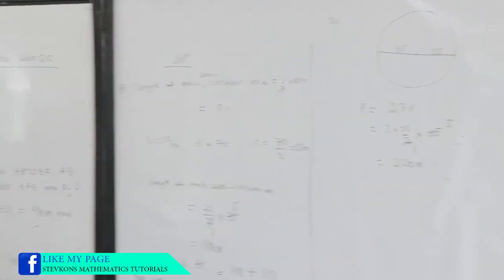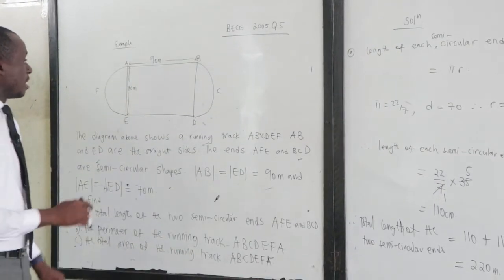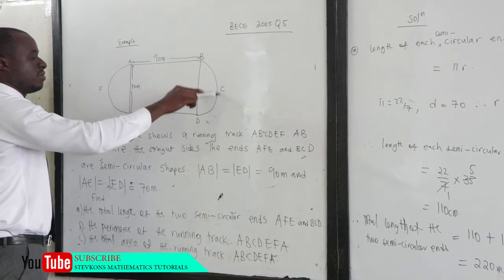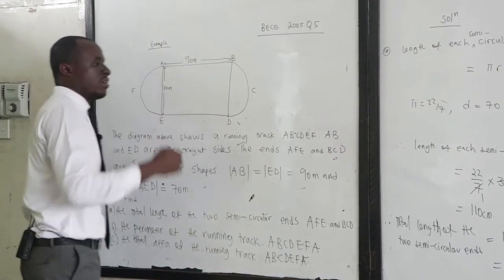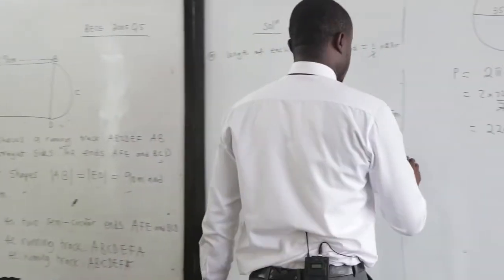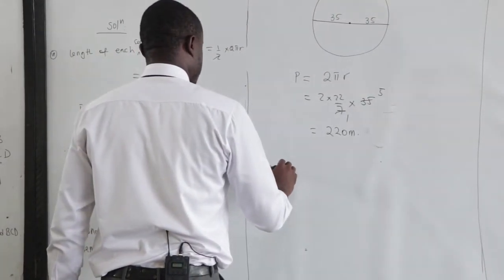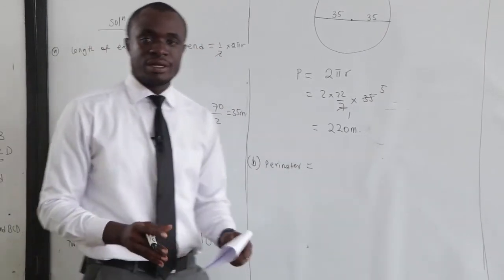Now the second one says the perimeter of the running track A, B, C, D, E, F. So for the running track, the perimeter is the total distance around a figure.